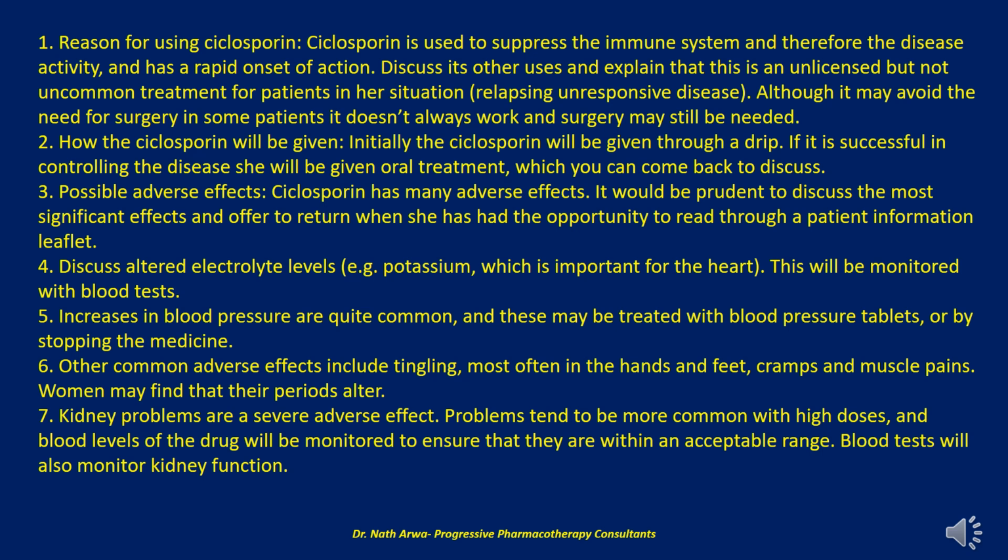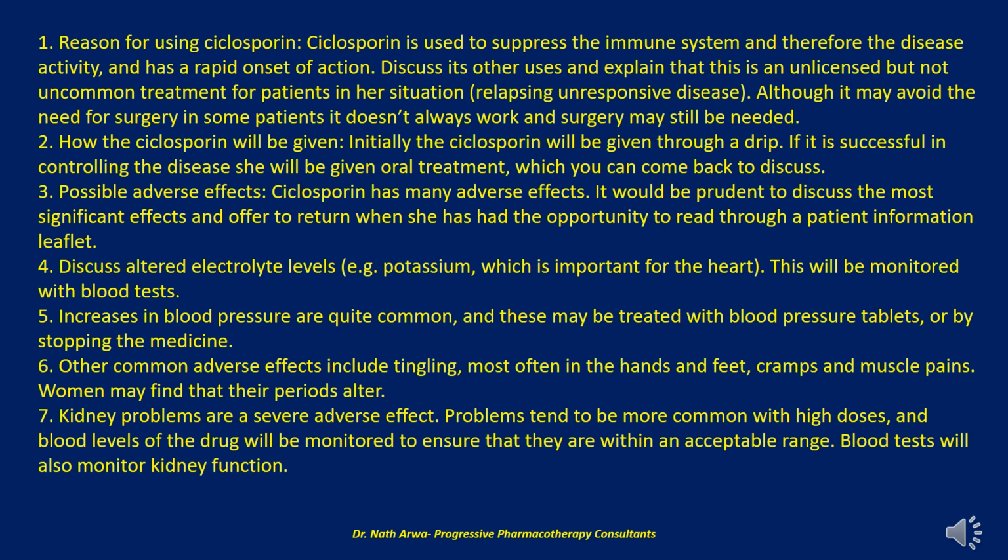Cyclosporin is used to suppress the immune system and therefore the disease activity, and has a rapid onset of action. Discuss its other uses and explain that this is an unlicensed, but not uncommon treatment for patients in her situation, relapsing unresponsive disease. Although it may avoid the need for surgery in some patients, it doesn't always work and surgery may still be needed.